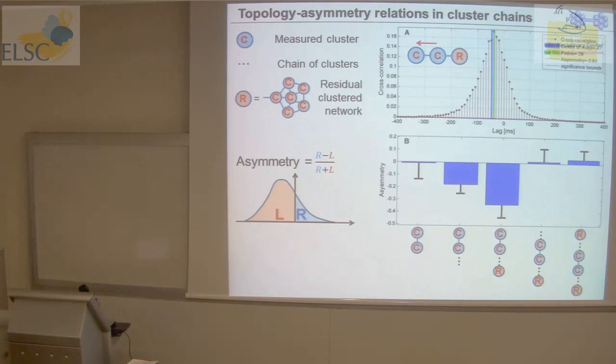The interesting examples are to look at functional symmetry in cases where the structure is asymmetric. So if we look at this network where we have 2 coupled clusters and a chain of clusters on one side, then we will usually measure negative functional symmetry, which means that activity propagates upwards.